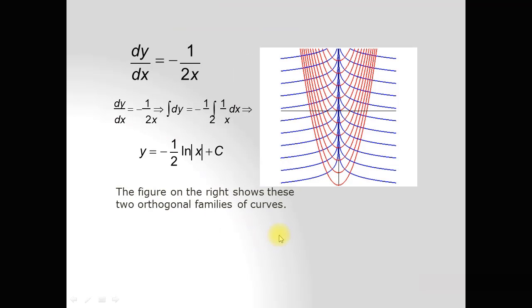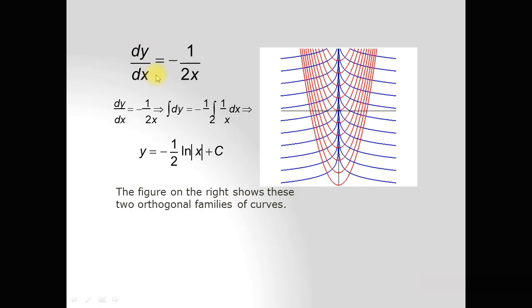Now by separation of variables, we obtain dy is equal to minus 1 over 2 integration of 1 over x. First of all, separate the variables, join the dx with the 2x, so dx will not be in the denominator.